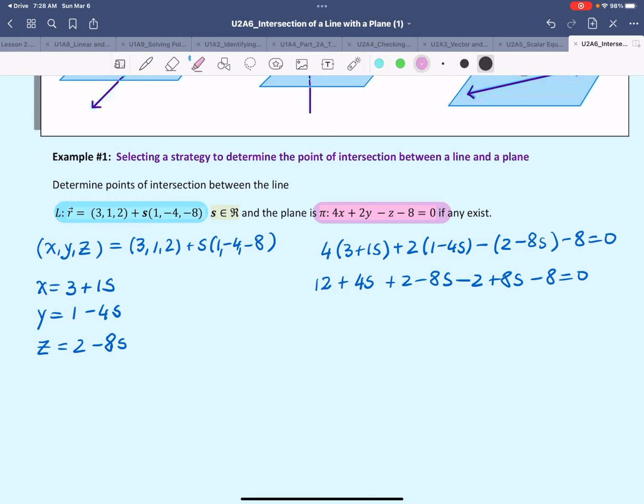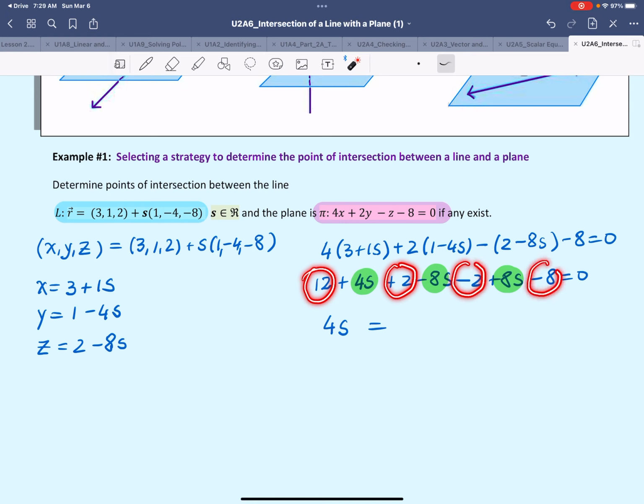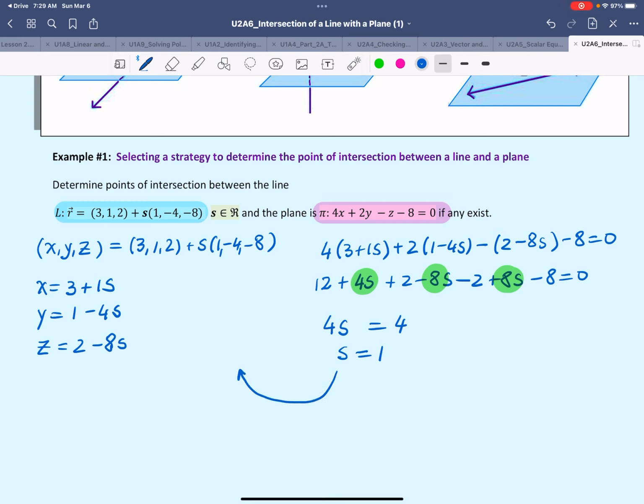Let's collect like terms, and we'll have here 4s, negative 8s, positive 8s, so we have 4s equals, we have 12 plus 2, 14, minus 2, 12, minus 8 is 4. So s equals 1.